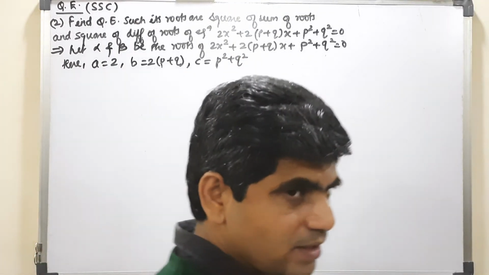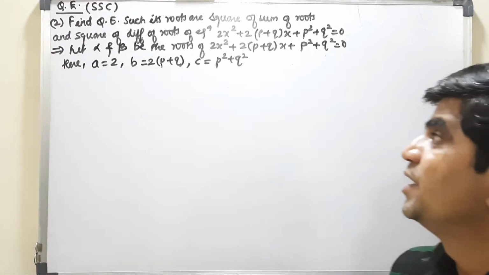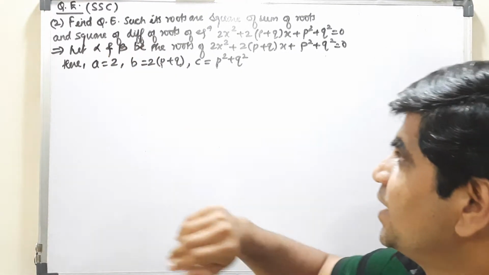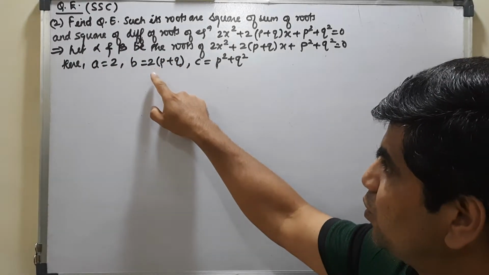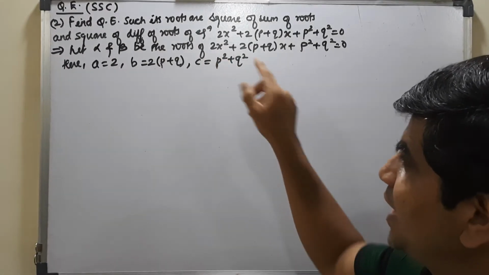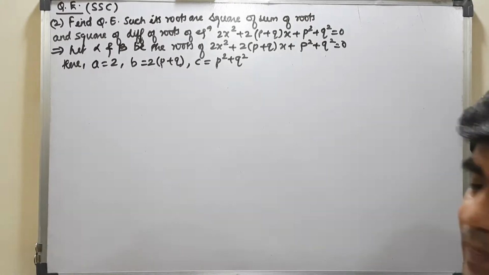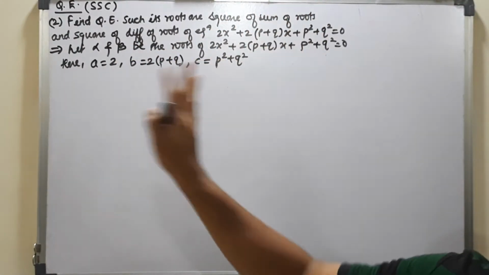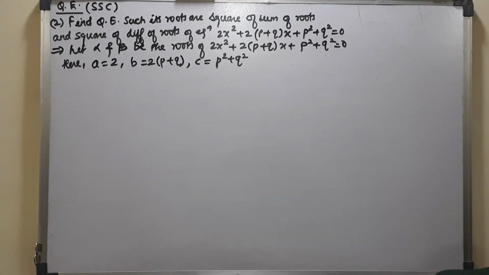Okay, got it? Now here I got the value of a, which is 2 into (p plus q), and the value of c as p square plus q square. Alpha and beta are the roots of this particular equation, right?